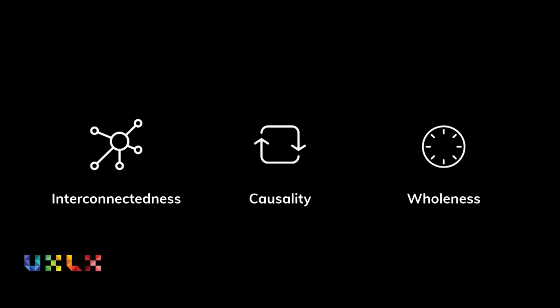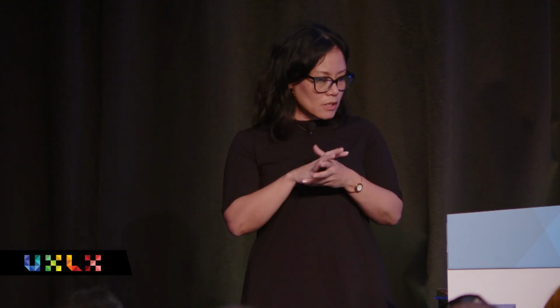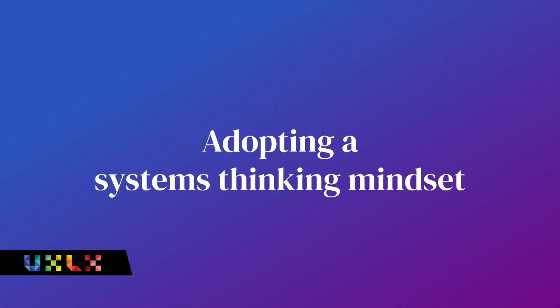And then last is wholeness. Think about the system as a whole and how that extends beyond your individual purview. In order to do that, it means trying to think in a more expansive way.